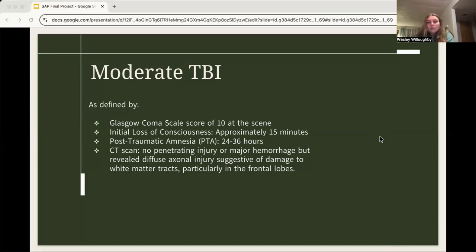A CT scan revealed no penetrating injury or major hemorrhage, but it did show diffuse axonal injury, particularly involving the white matter tracts in the frontal lobes. And these regions are crucial for attention regulation, inhibition, initiation, planning, and overall executive control, which are areas this client now shows significant deficits in.